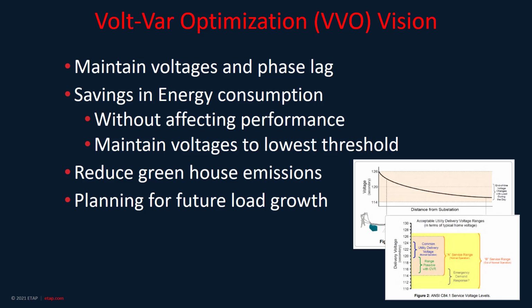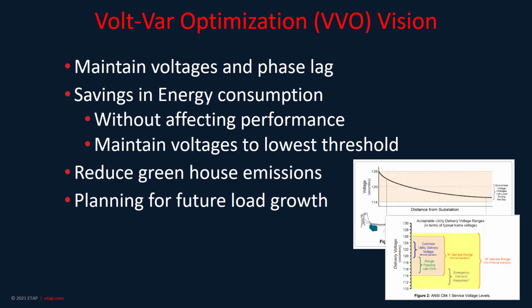The concept of VVO and CVR is to maintain these voltages and the phase lag within certain limits or specified values by using tap changers or by reactive power injection. These voltage limits or specific voltages at various locations in the distribution system are calculated using optimization of the mathematical models of the system.